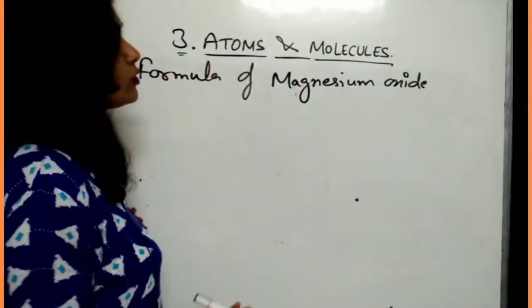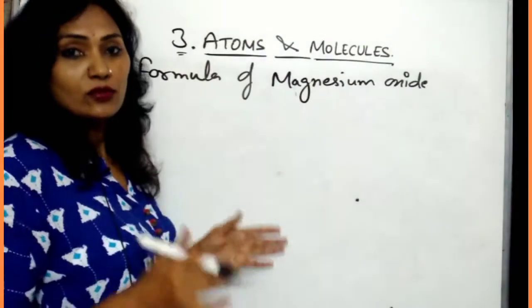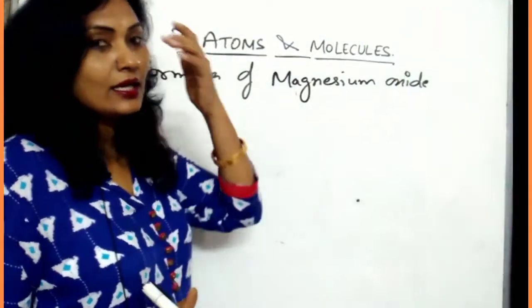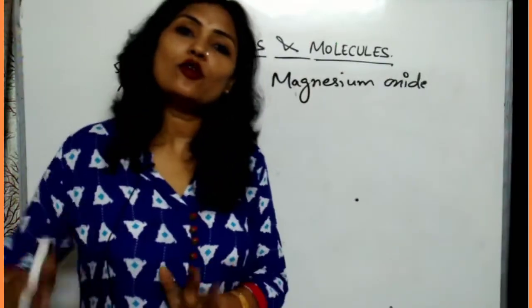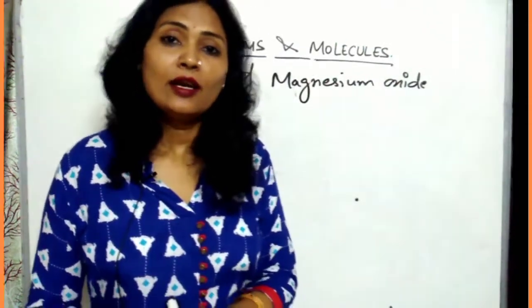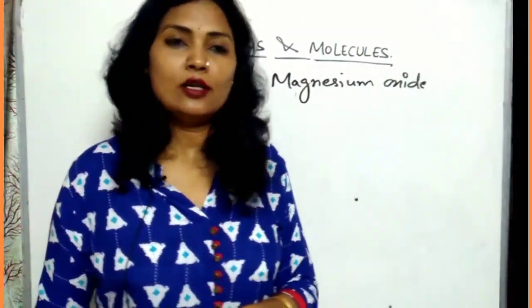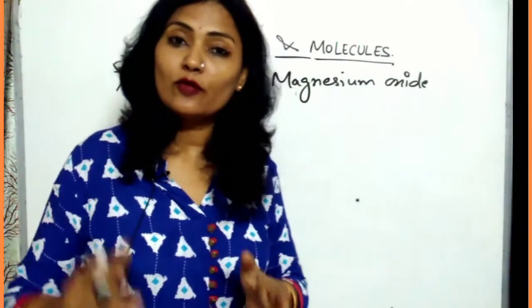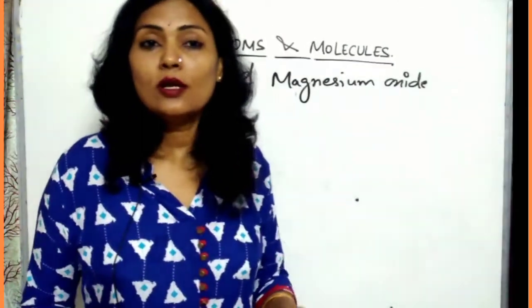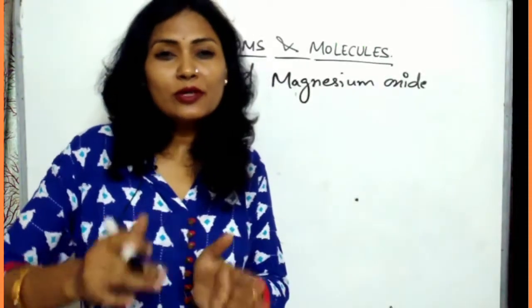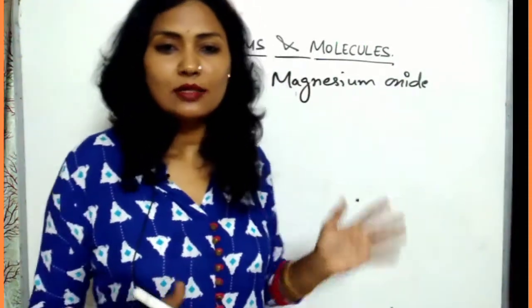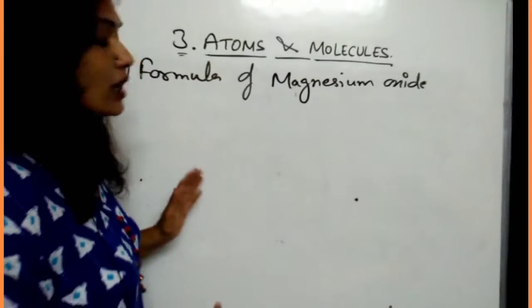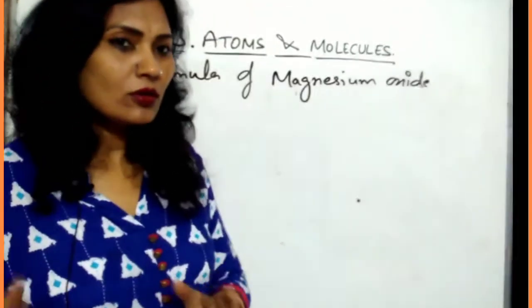These radicals will form their own formulas: if there is SO4 then it is sulfate, if NO3 is there then it is nitrate. So some radicals or polyatomic ions form formulas that are totally different from these simple formulas, and some rules are also different here.